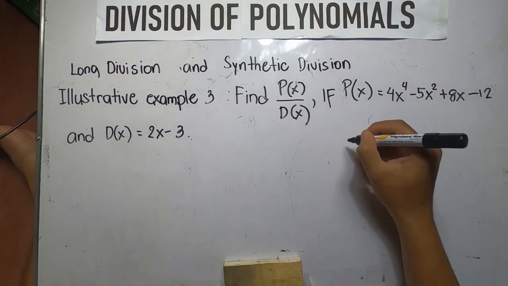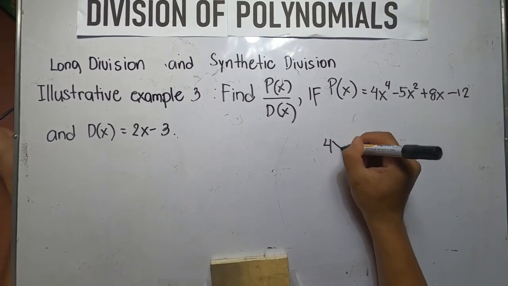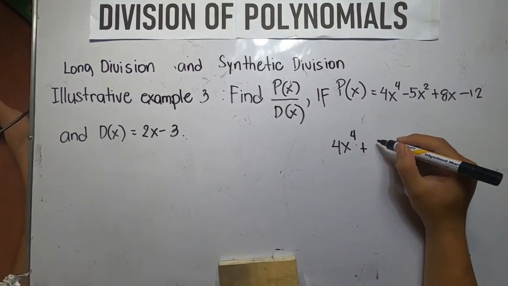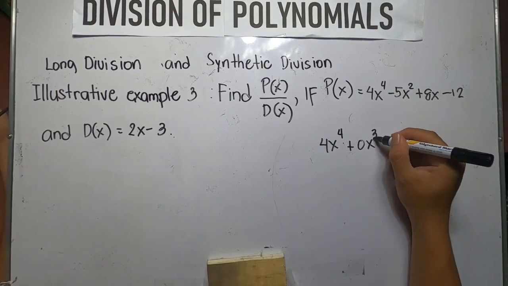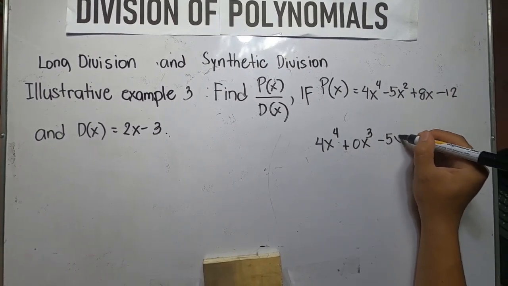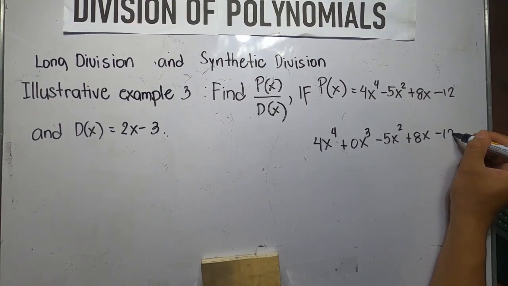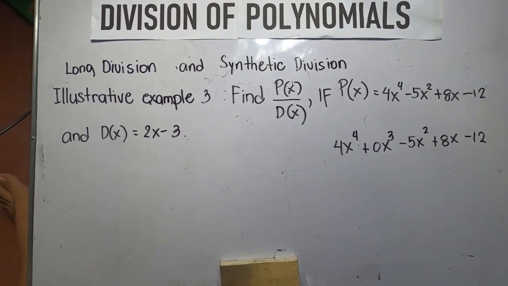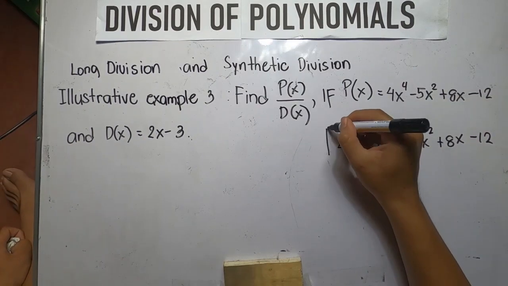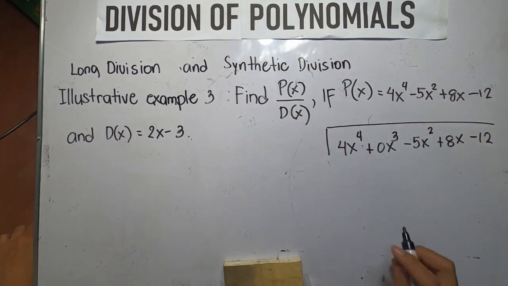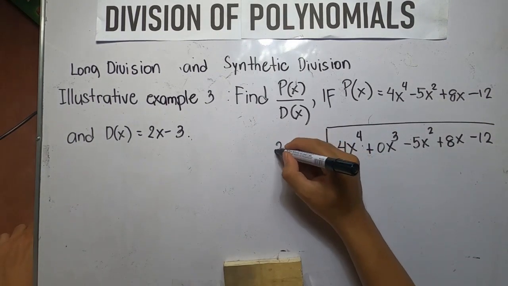So let's now proceed. 4x raised to 4 plus 0x cubed minus 5x squared plus 8x minus 12 divided by 2x minus 3.